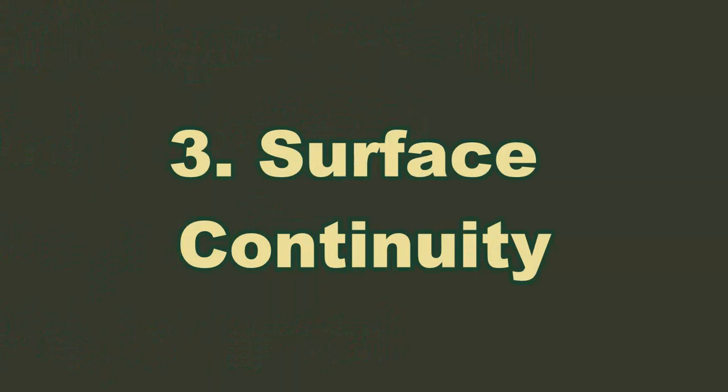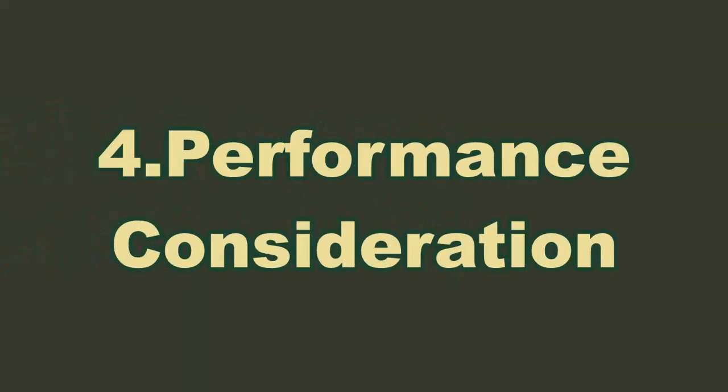You get? So number 3, we have surface continuity. When it comes to surface continuity, achieving smooth surface continuity, especially between multiple sweep features or adjacent sweeps, can sometimes be difficult. Number 4, we have performance consideration.